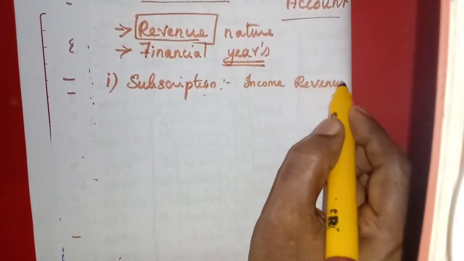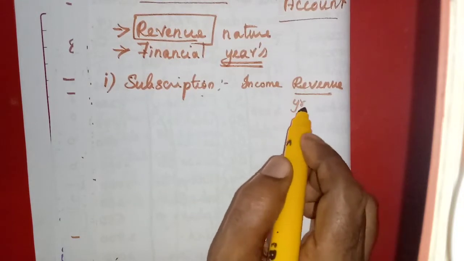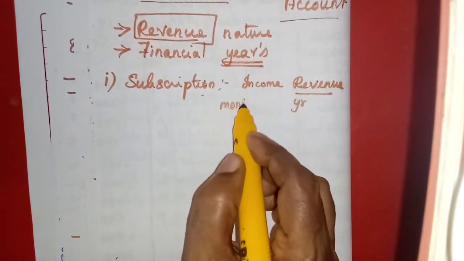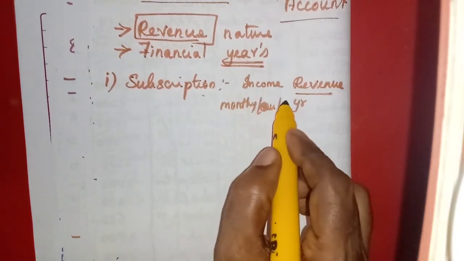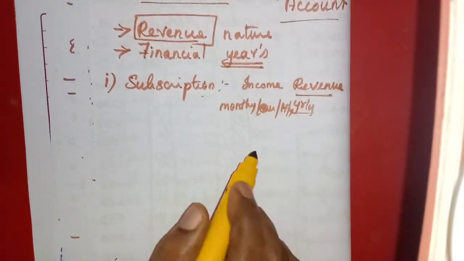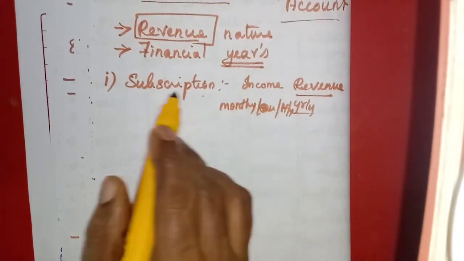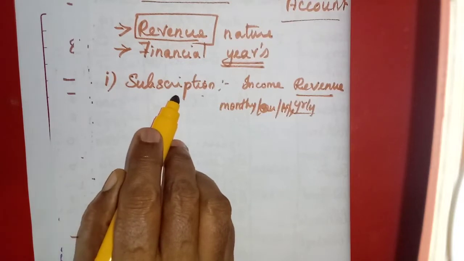Why is it revenue? Because every year we receive it, either monthly, quarterly, half yearly, or yearly. It is received throughout the year, so it is revenue income.